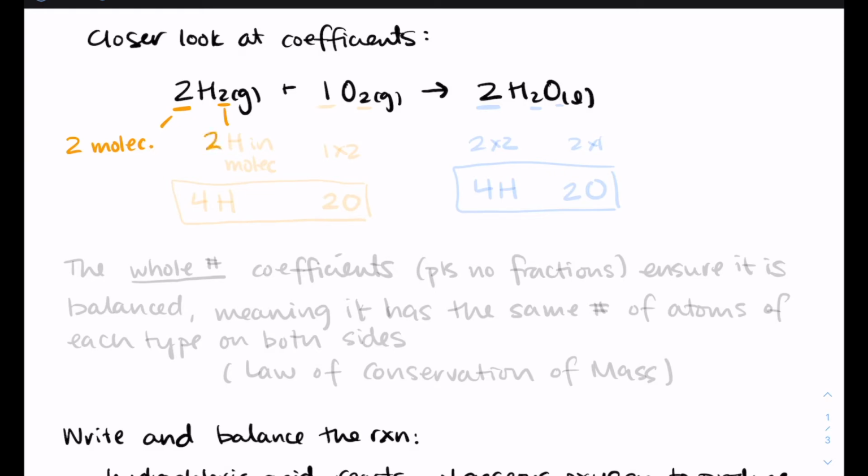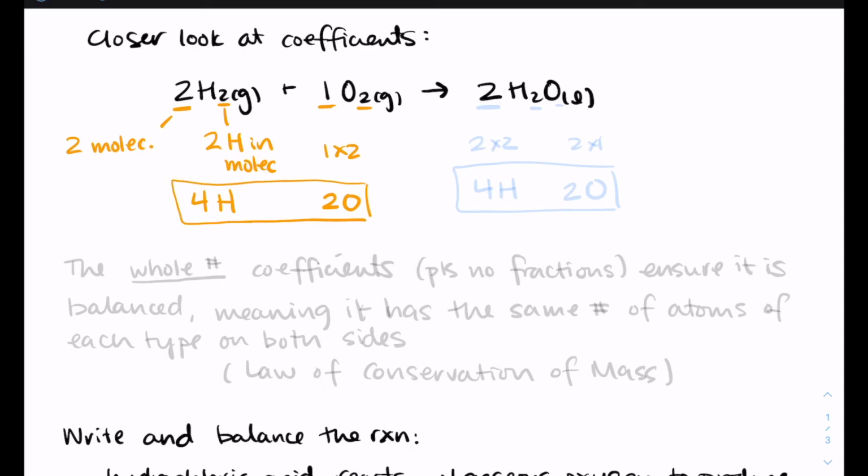That means that in total on this left side, I have 4 hydrogens. So 2 molecules where each molecule has 2 hydrogens means a total of 4 hydrogens. In my oxygen molecule, there are 2 oxygen atoms per molecule, and I just have 1 molecule. So I have 2 oxygens total on this left side.